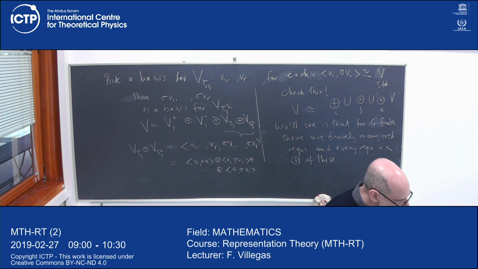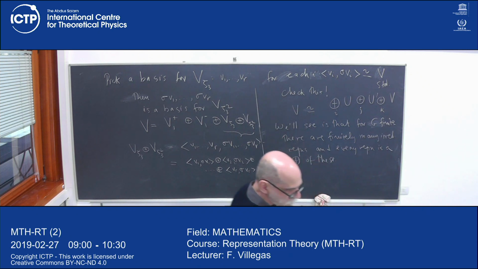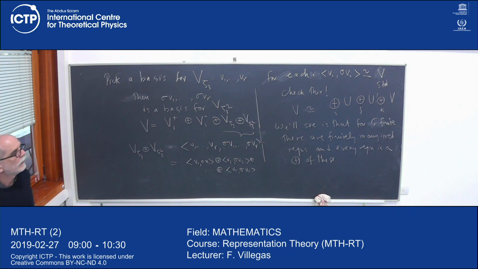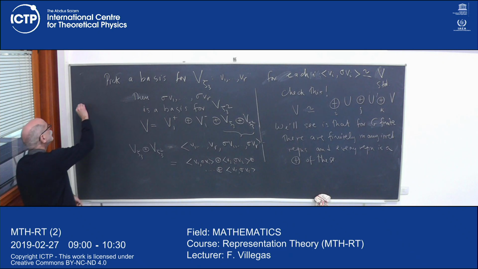Is there any relation between the number of irreducible representations and the order of the group? Only a loose one. What we'll prove is a little bit more than the statement, is that the number of irreducible representations is the number of conjugacy classes of the group. So S3 has 3 conjugacy classes.